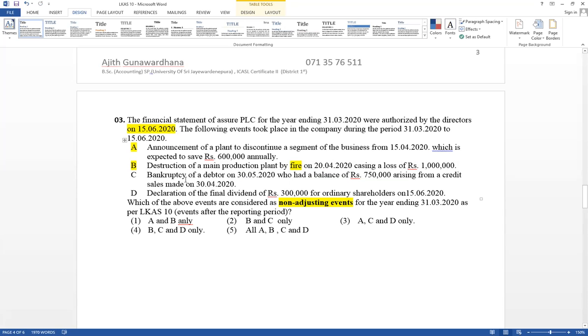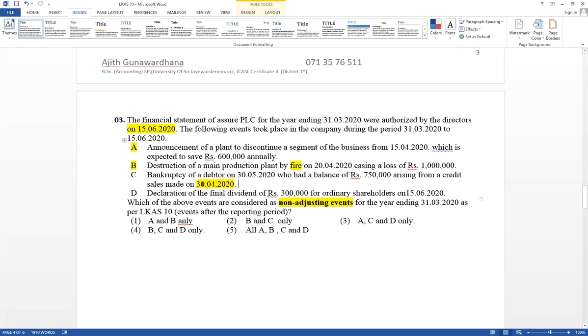Then bankruptcy of debtor on 30th May 2020 before signed by the director, who had a balance of 750,000 arising from credit sales made on 30th April 2020. Very, very important. Normally, a debtor becoming bankrupt should be adjusted. Normally.